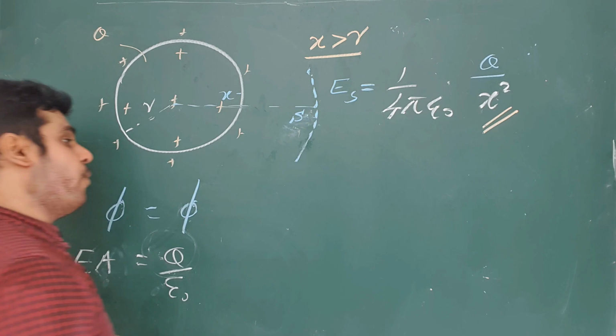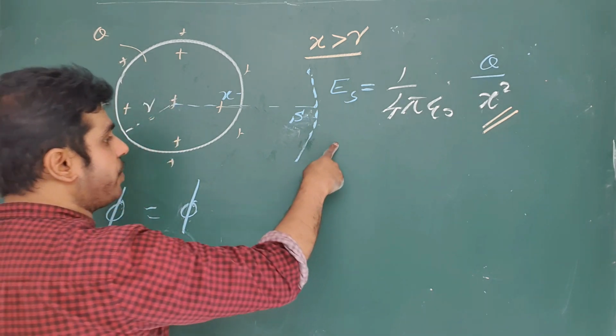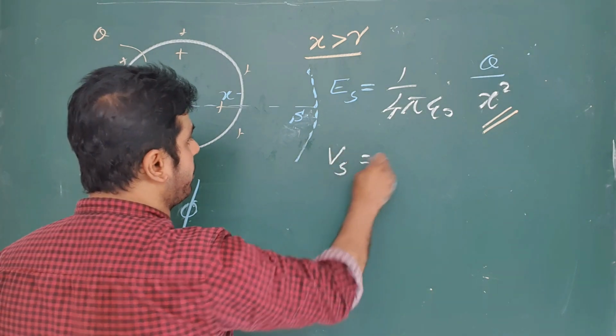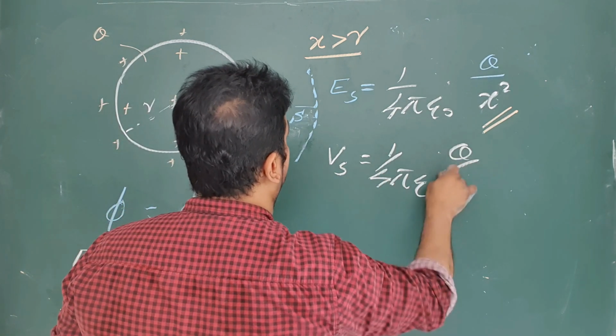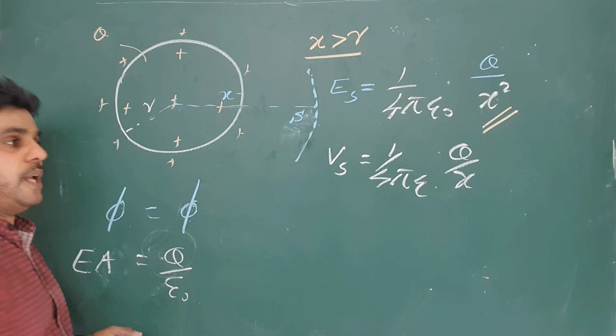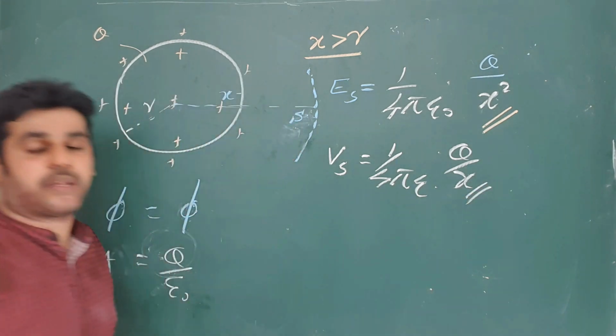Now if you want to write the value of V, the electric potential, that should be 1 over 4 pi epsilon naught, Q divided by x.